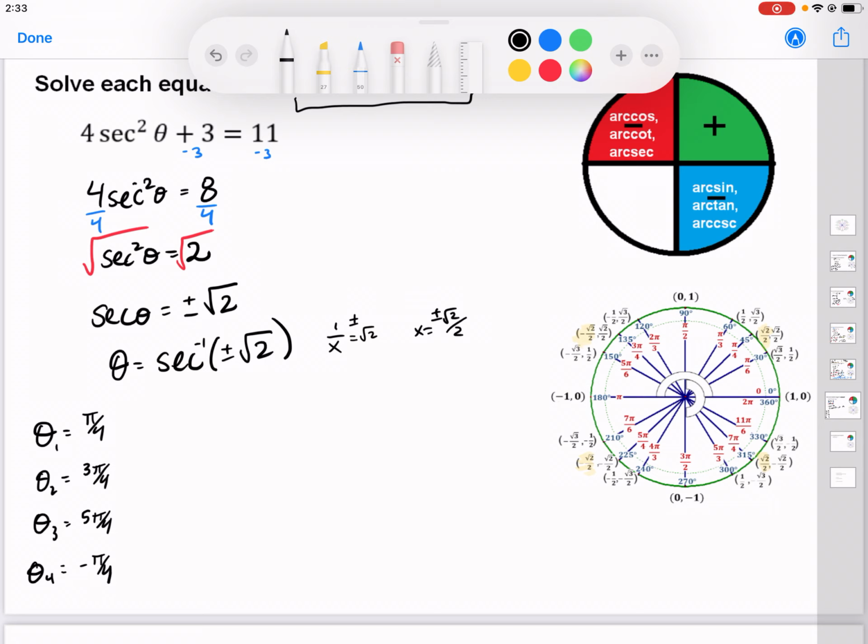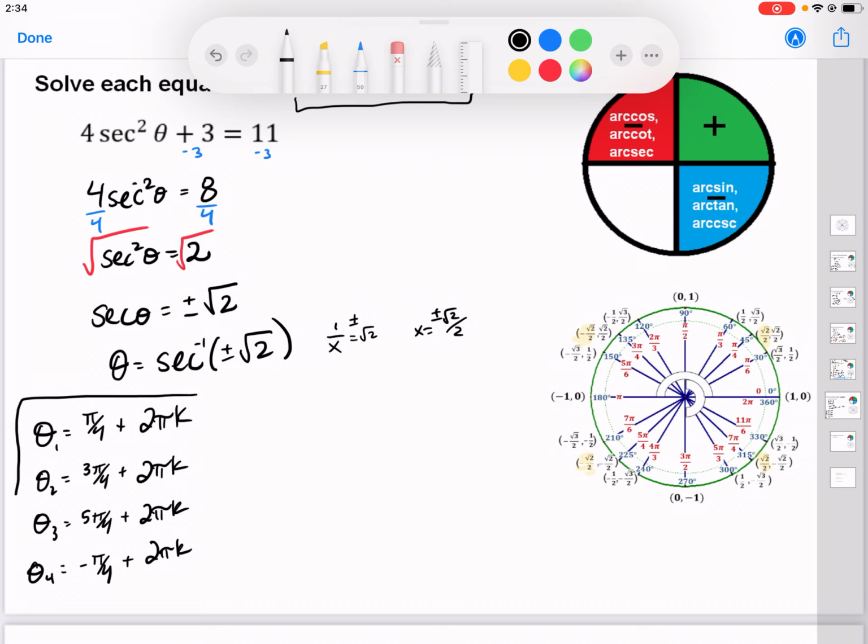I don't care if you put 7 pi fourths, but I like to use the negative angle when I'm doing inverses, just so I am in that practice when I'm evaluating. And then secant's period is 2 pi, so I'll put a little 2 pi k at the end. And we don't have to divide by anything, so we are good to go.